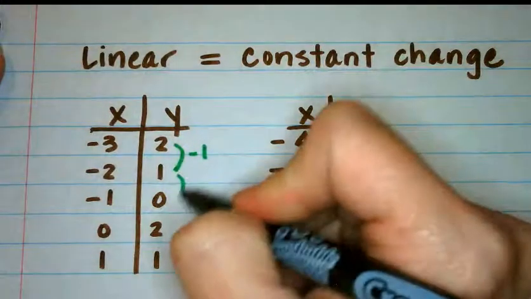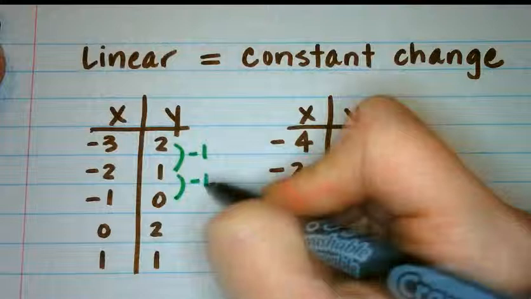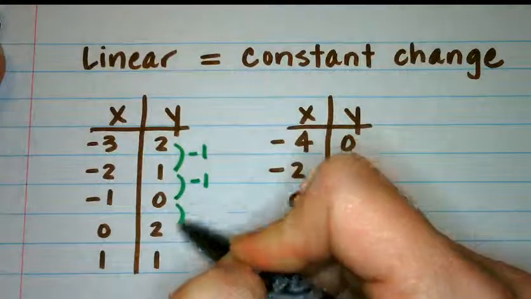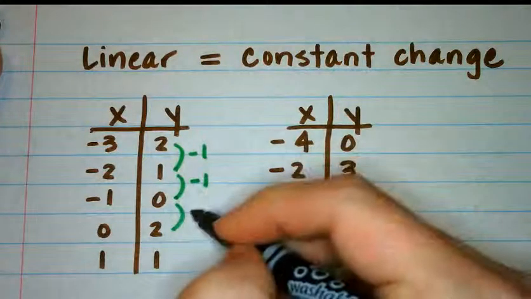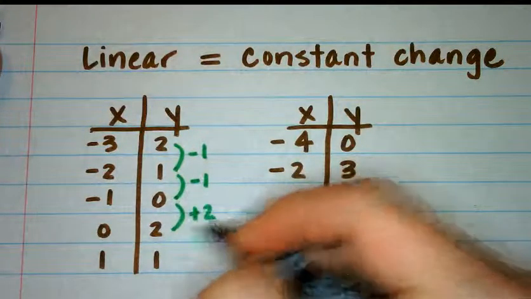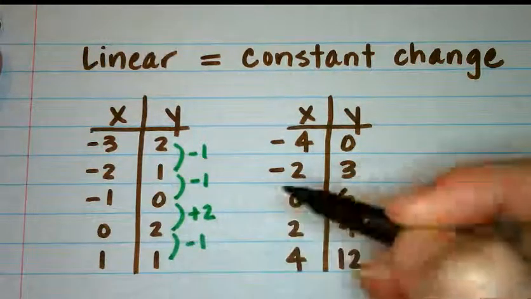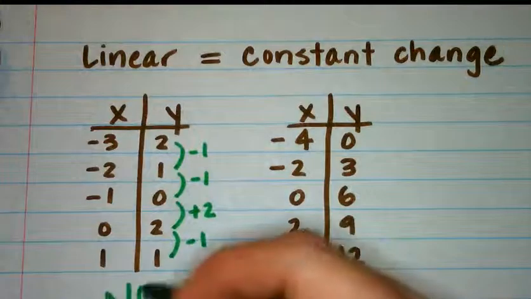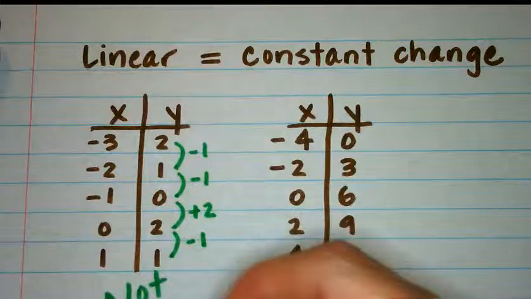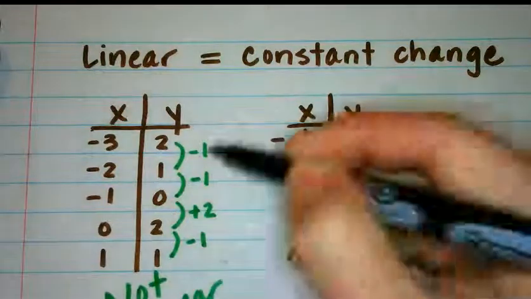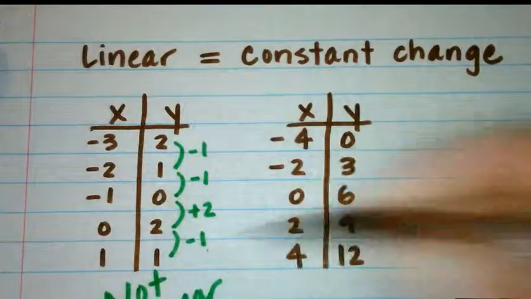To get from 1 to 0, I need to subtract 1. To get from 0 to 2, I would need to add 2. To get from 2 to 1, I would subtract 1. This is not a linear function. There is not a constant change.